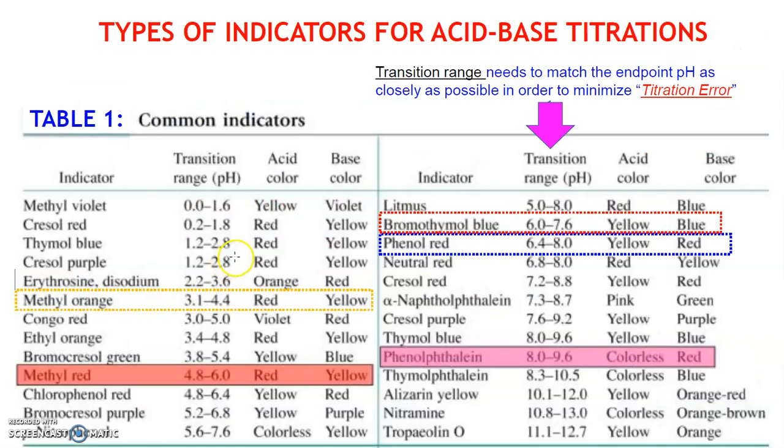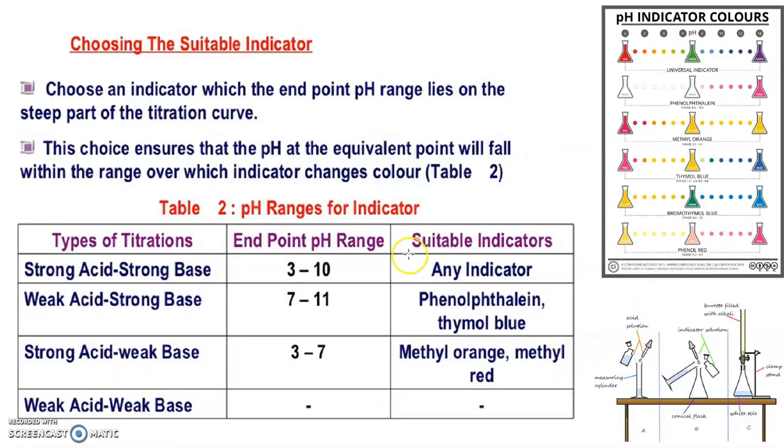Based on this table, phenolphthalein is 8 to 9.6, so the endpoint is within the range. For weak acid and strong base, you can use phenolphthalein and thymol blue because the endpoint is between 7 to 11. For strong acid with weak base, 3.3 to 7, use methyl orange and methyl red.